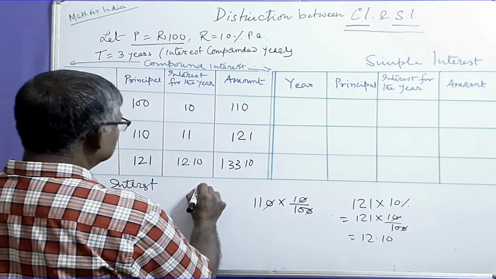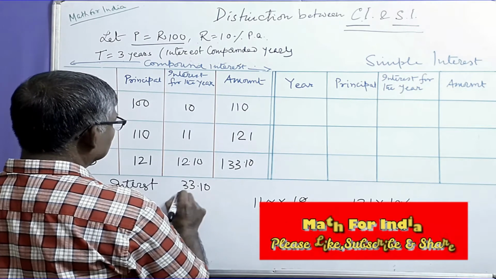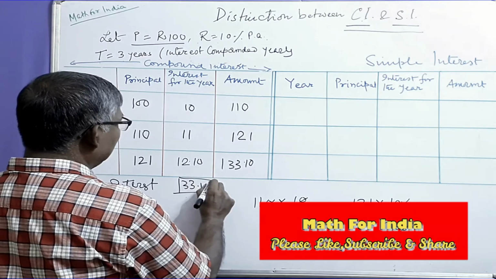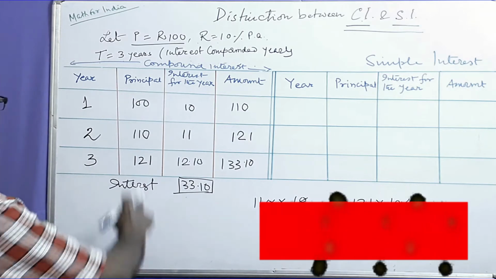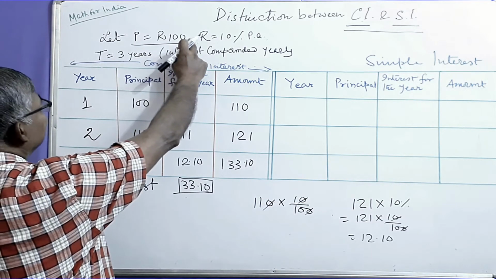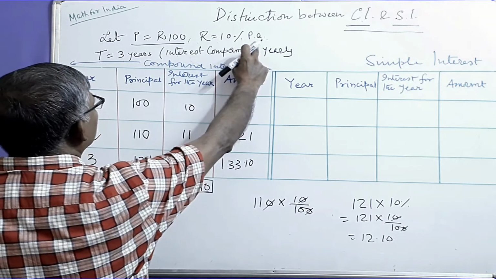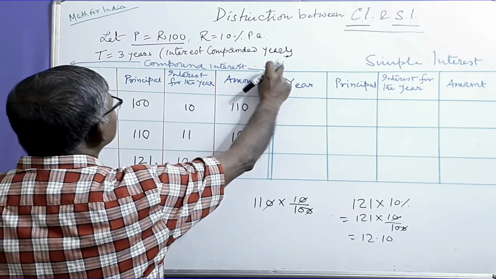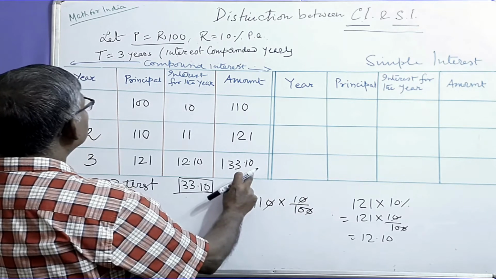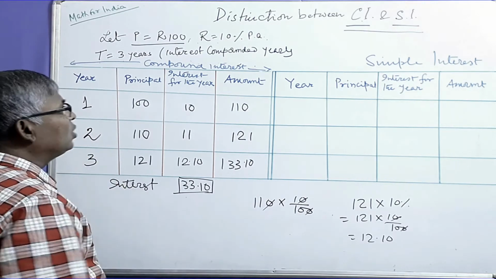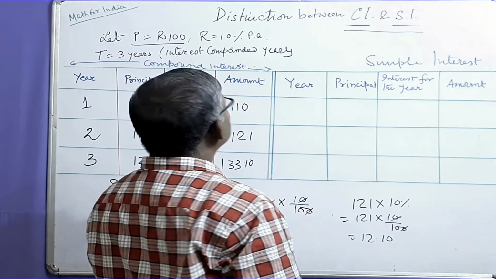It will be 33.10. From this table, it is clear that if 100 is invested at the rate of 10% per annum, where interest is compounded yearly, the amount will be 133.10 after 3 years.